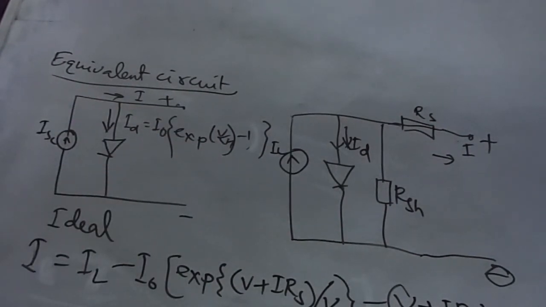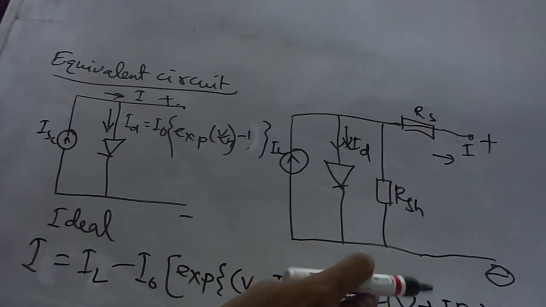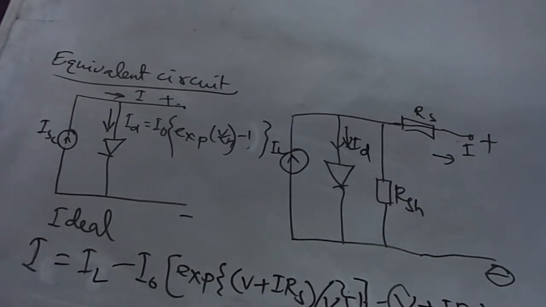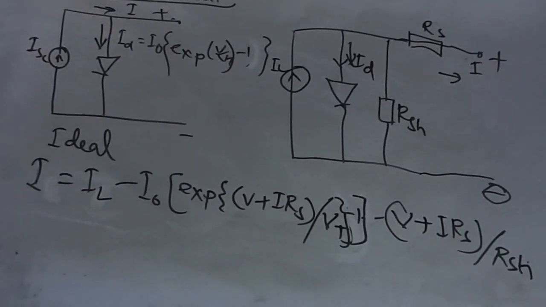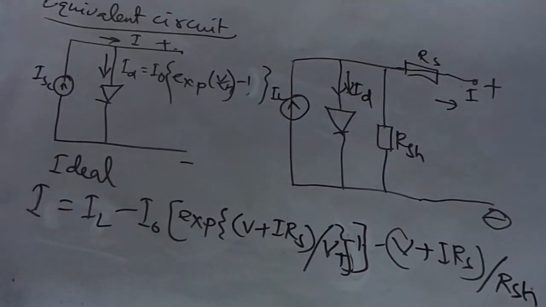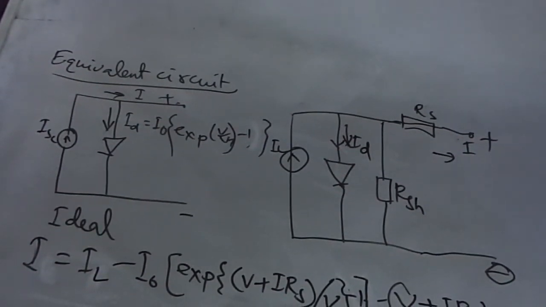For a typical high quality silicon cell, that is the formula: I is equal to IL minus I0 exp((V plus IRS) by VT) minus 1, minus (V plus IRS) by RSH. So this is the discussion.